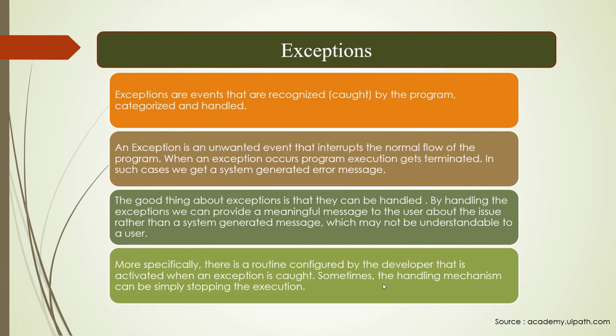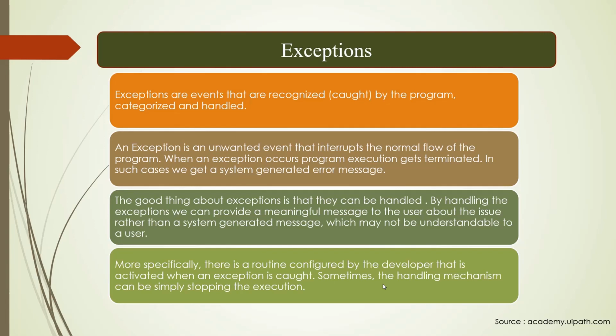If you see in the previous one, when I was demonstrating the error, it says "cannot implicitly convert string to integer", which may not be understandable by a user. If you are a business user, you cannot understand it. But if I have an exception, I always have the option to customize it into a meaningful message, and I can pass that message to a user who can read it and understand why exactly the exception has occurred.